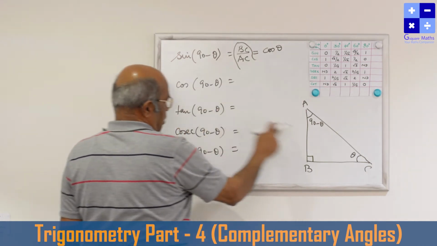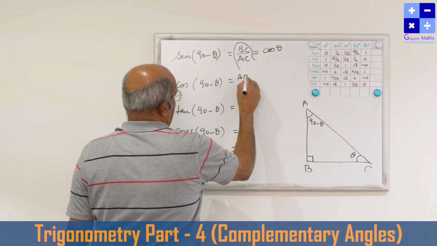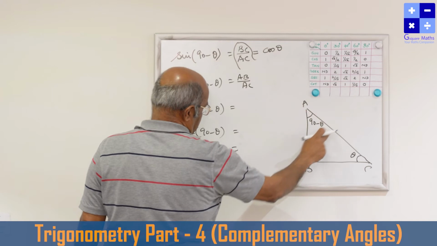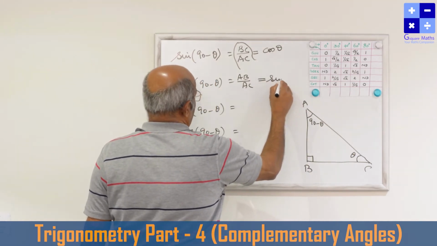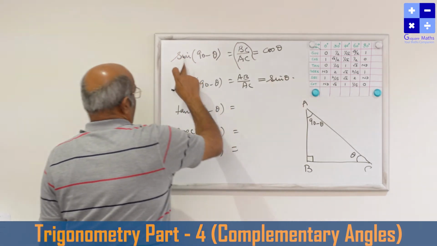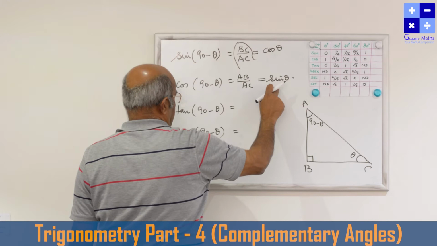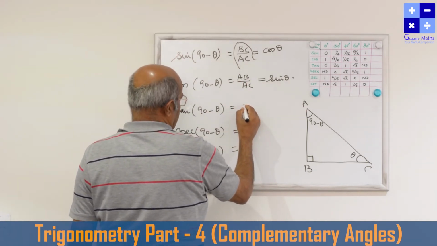Similarly, cos 90 minus theta is equal to adjacent side by hypotenuse, AB by AC, whereas AB by AC is nothing but sin theta. So, sin 90 minus theta is equal to cos theta. Cos 90 minus theta is equal to sin theta. Tan 90 minus theta is equal to cot theta. How is it?